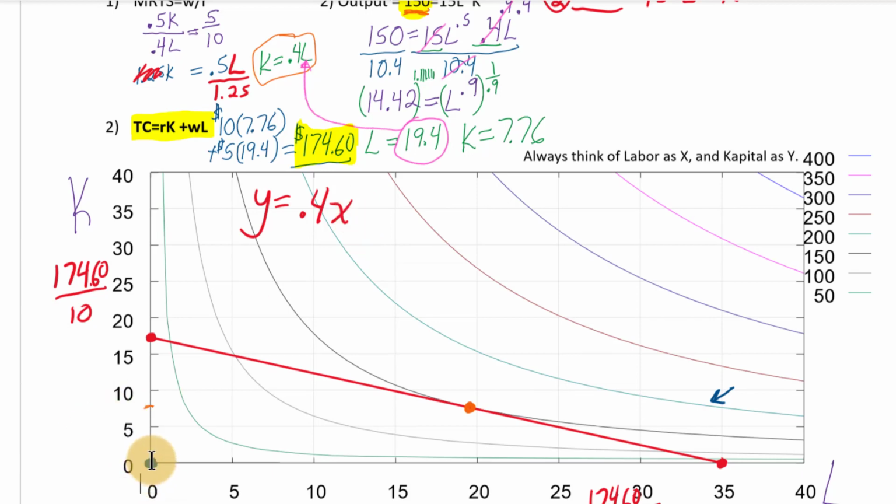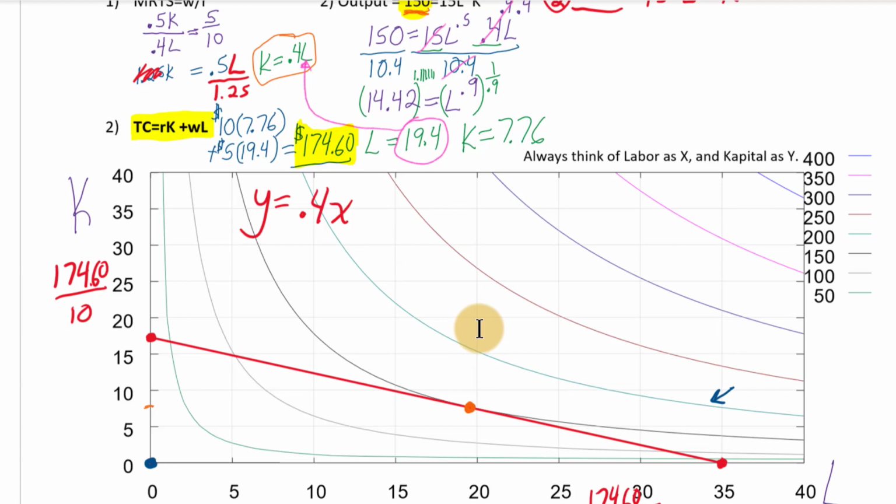And what's the slope? Oh, the slope is 0.4, so that means we go over 1 up 0.4, over 1 up 0.4. Or we could go over 10 and up 4, right? Or we could plug some values in here and see what we get. Let's see, over 20 and then up 0.4 times 20, right?